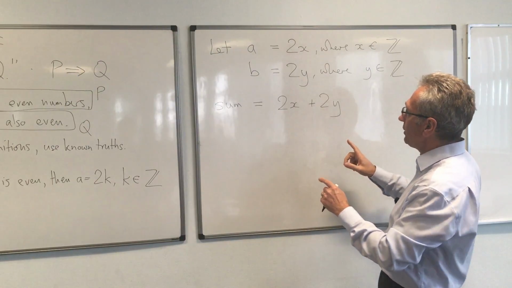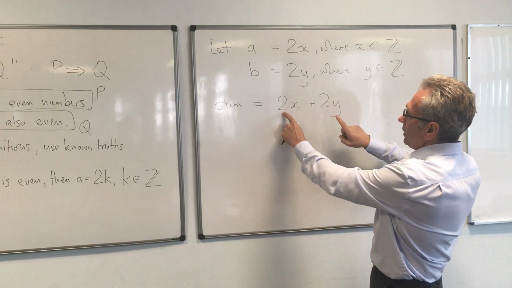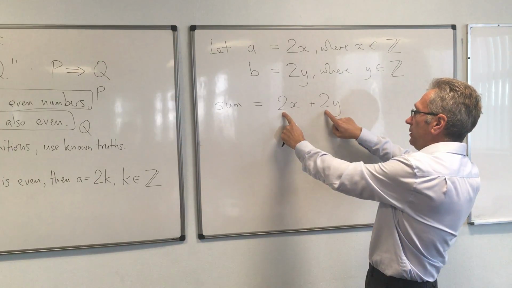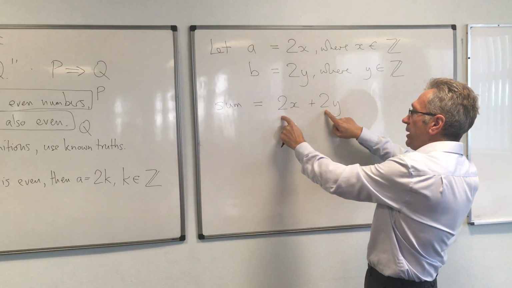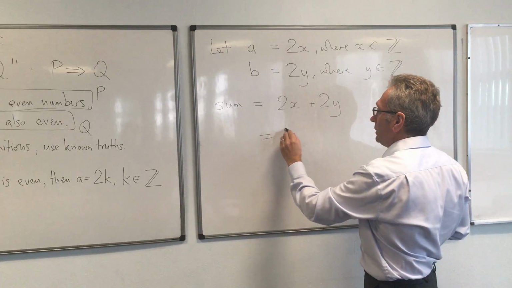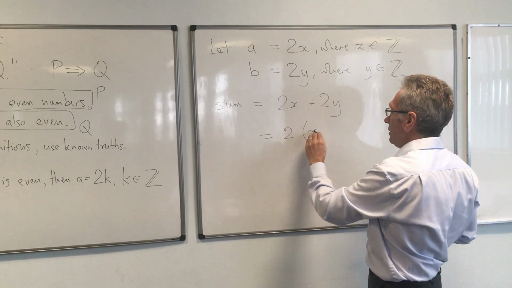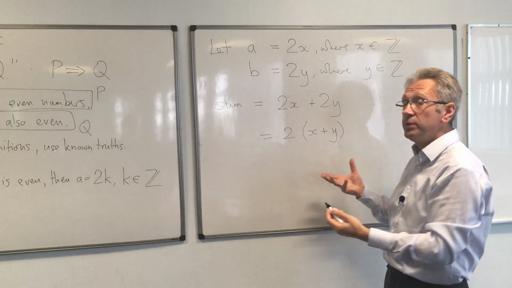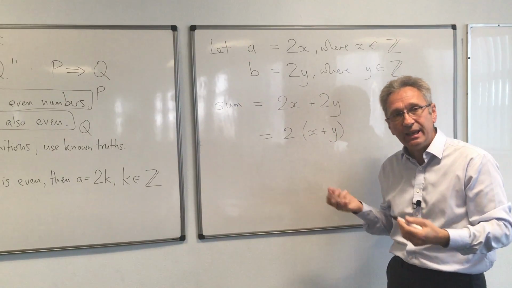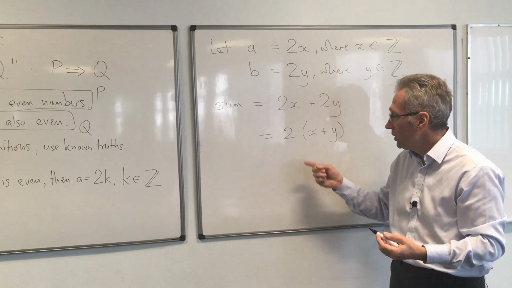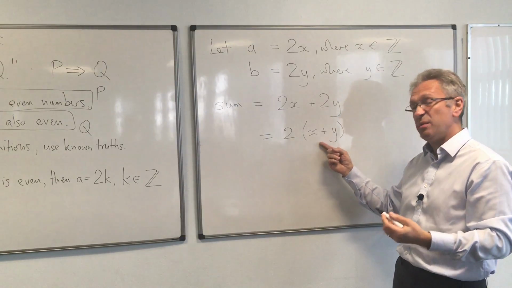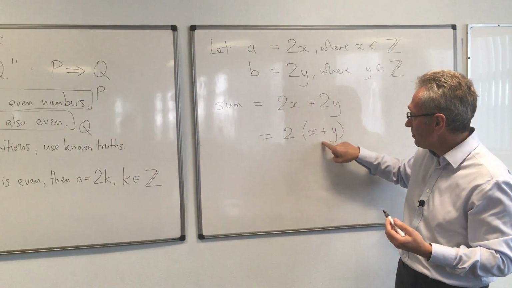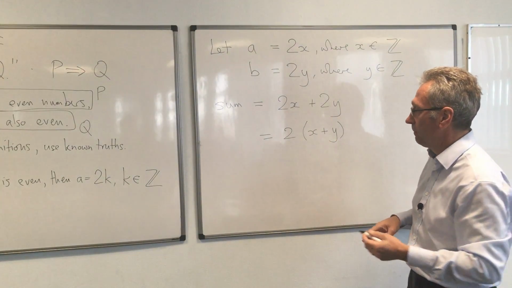Well, thinking about that goal, we're saying, okay, we've got a factor of 2 here and a factor of 2 here. We could take that 2 outside and just have x plus y in the bracket here. The reason that we've done that is it looks like it's getting us towards our goal. We've now got 2 times something. All we've now got to show is that that something is an integer.